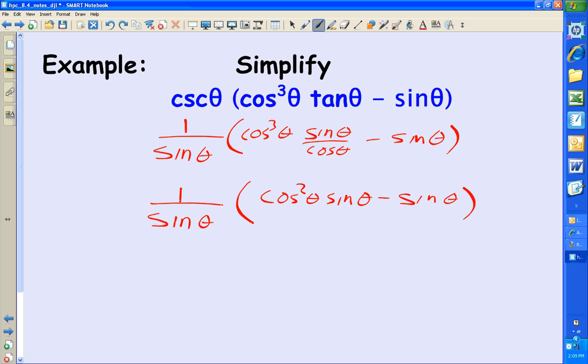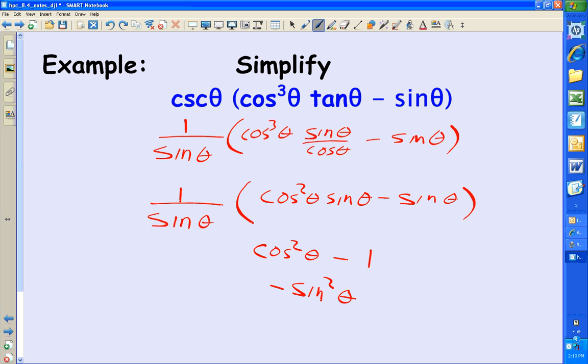What's in common in the parentheses? Sine theta. So you could either distribute or factor. Doesn't matter to me. If you distribute, you get cos squared theta minus 1, which is negative sine squared theta.